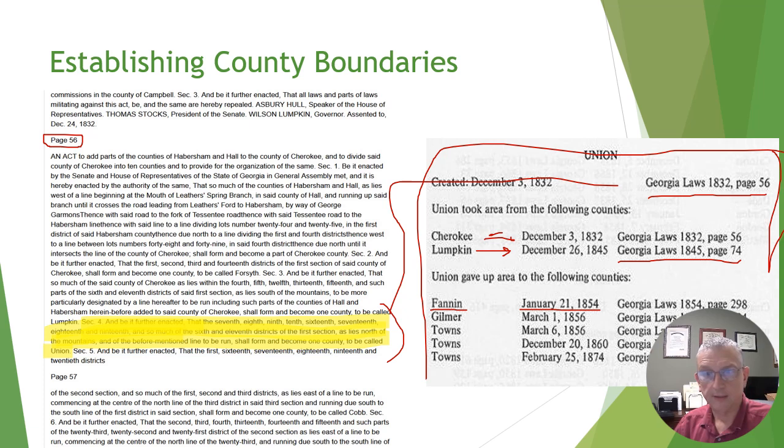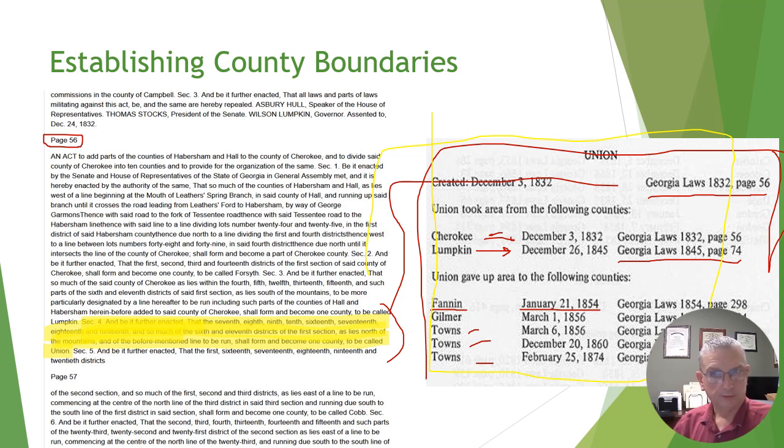You can find that in 1854 laws, page 298. Gave up some land to Gilmer County that had got orphaned by Fannin County, coincidentally. Also gave up some land to Towns County 3 different times. This right here becomes what establishes Union County today, unless something's happened since that book was printed.